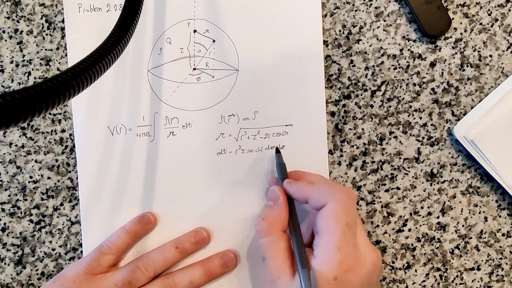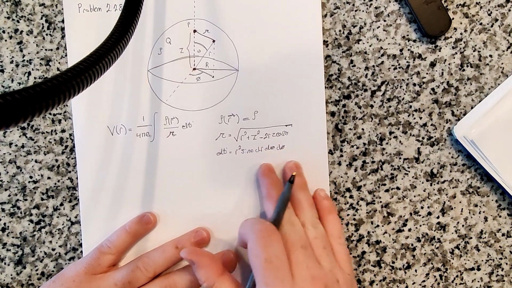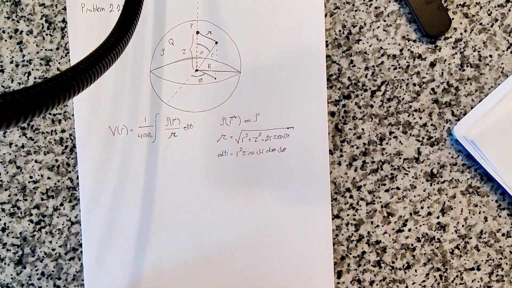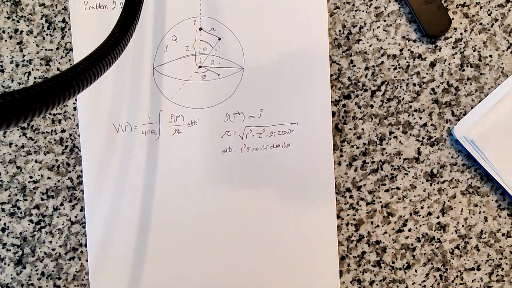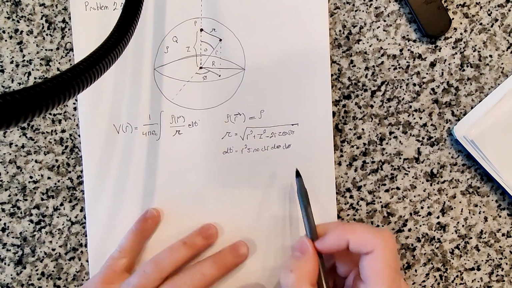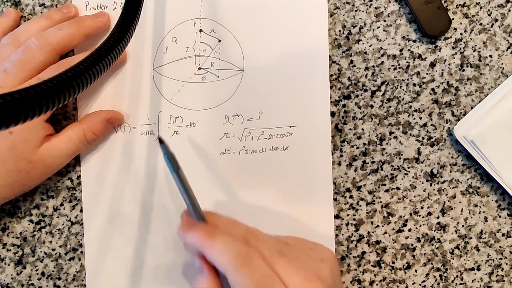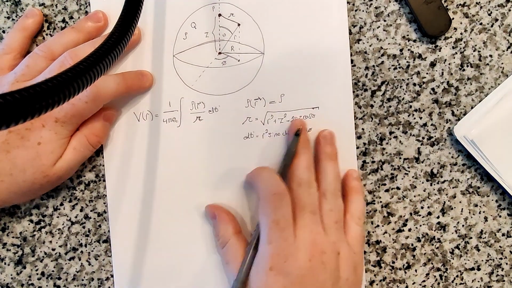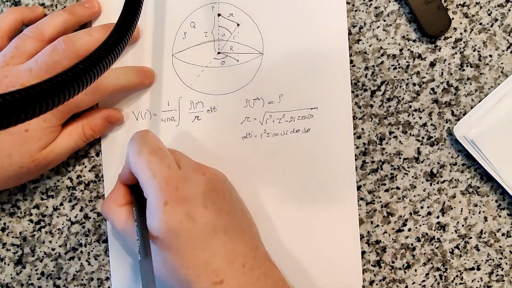You can find this in the front or the back of Griffiths' book, I forget where, if you forget what the differential volume is in spherical coordinates. And so that basically gives us everything we need to plug into our potential equation and start solving an integral. So let's take all this and plug it in.